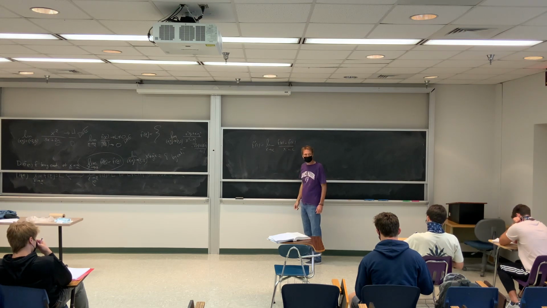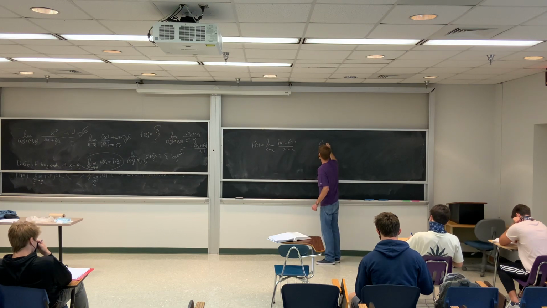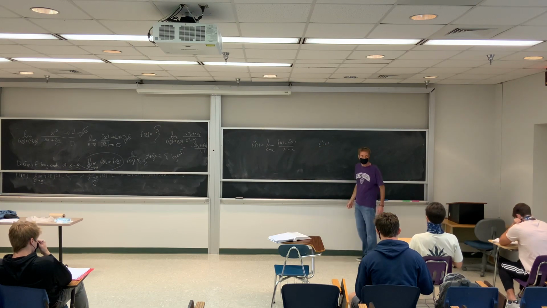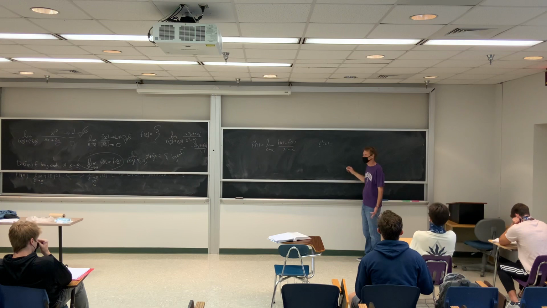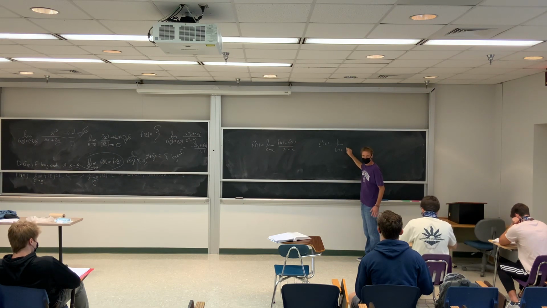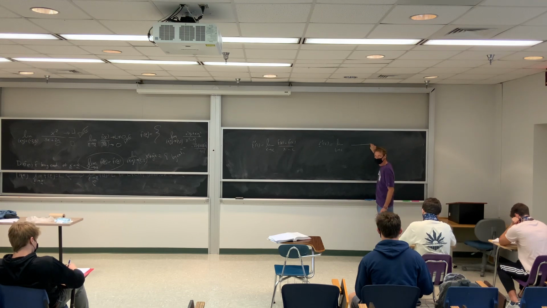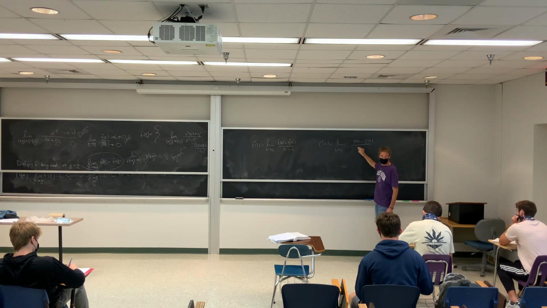How about r prime of c along the space curve? What's that equal to? The limit as t approaches c of r of t minus r of c divided by t minus c.